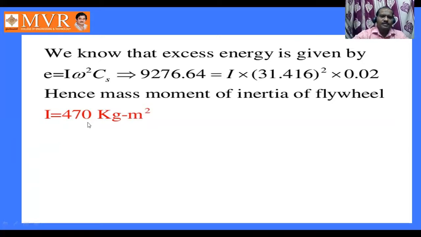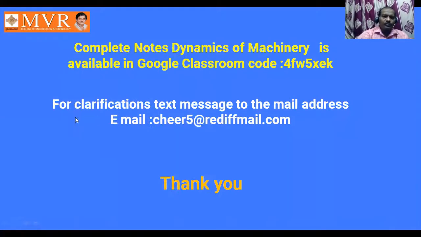See students, in this class I have given two types of concepts. One is how to draw the turning moment diagram. Second concept is, by using the turning moment diagram, how to calculate excess energy and how to calculate moment of inertia. Are you able to understand students? So what is the turning moment diagram? The turning moment diagram can be drawn with the help of two axes.